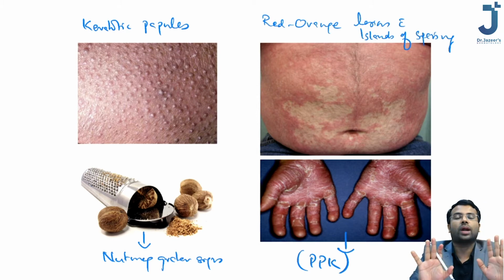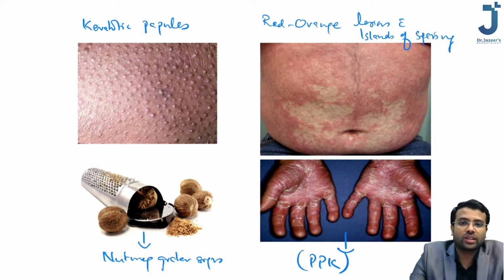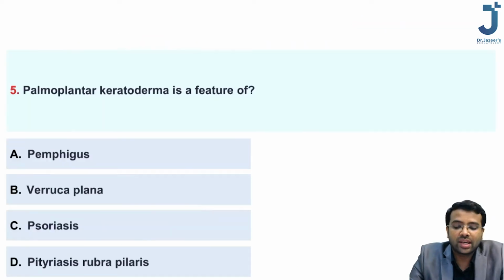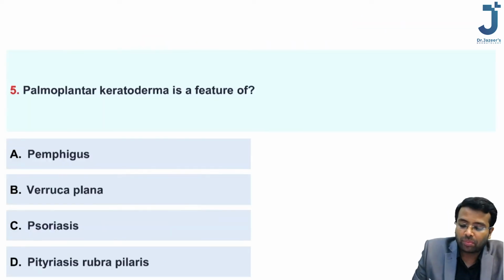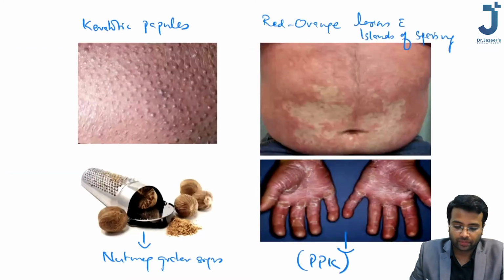Along with palmoplantar keratoderma, which means increased thickening and scaling of the skin of the palms and soles, all these features together are seen in a disease called pityriasis rubra pilaris. So the answer would be pityriasis rubra pilaris.